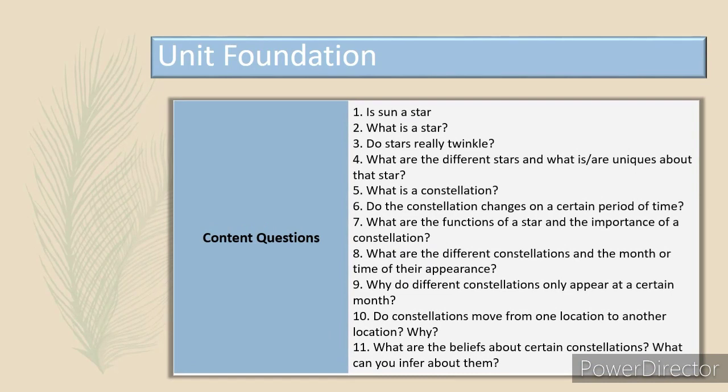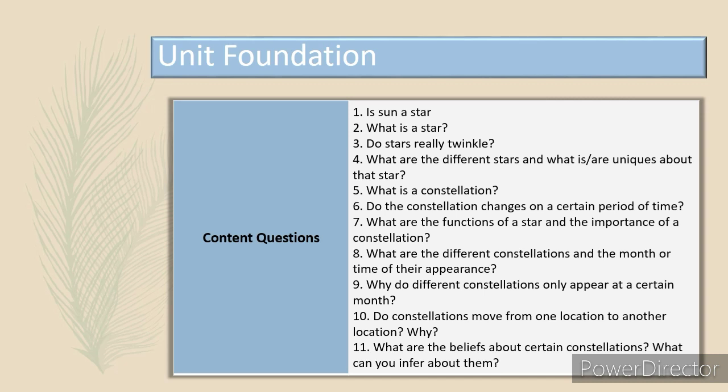Is the sun a star? So what is a star? Do stars really twinkle? What are the different stars and what is unique about each star? What is a constellation? Do the constellations change in a certain period of time? What are the functions of a star and the importance of the constellation? What are the different constellations and the month or time of their appearance?